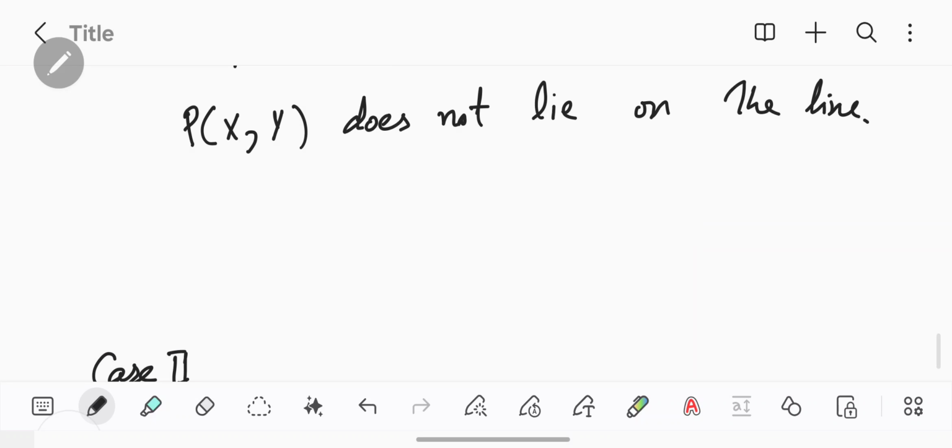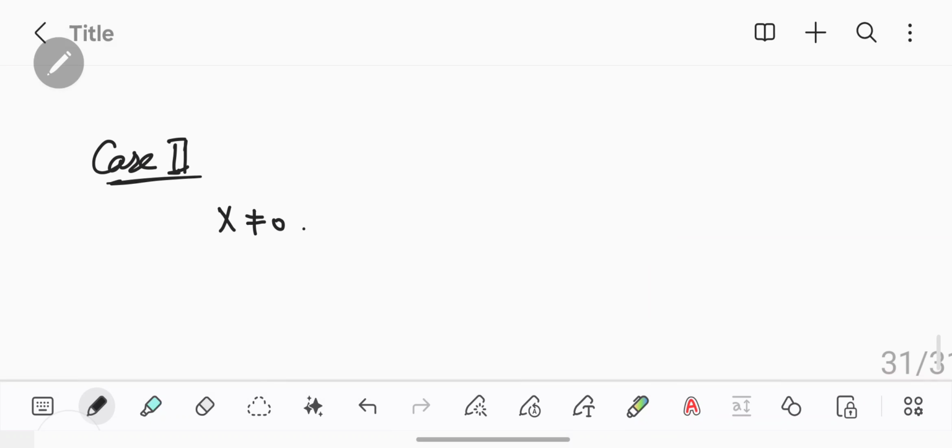Okay, so go towards case 2. Case 2 says the matrix x is not equal to 0. That means we have Ax equal to 0. This means if this is not equal to 0, then the determinant of A must be 0.